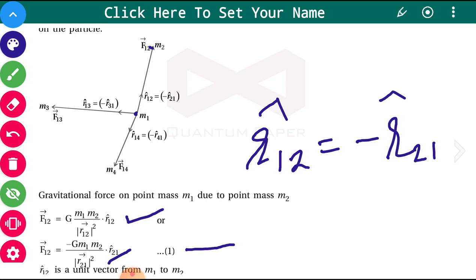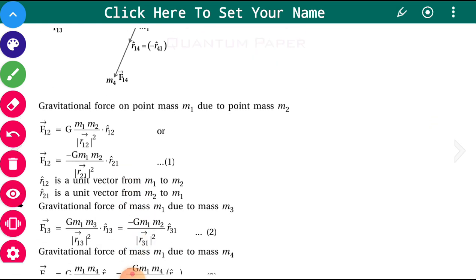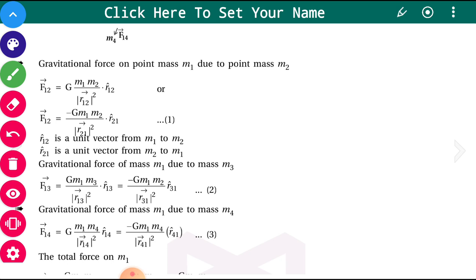Similarly, we can write the force on 1 by 3. It is very easy once you understand one equation. Force on 1 by 3 is G m1 m3 upon the magnitude of r13 squared into r13 cap, or minus G m1 m3 upon the magnitude of r31 squared into r31 cap.